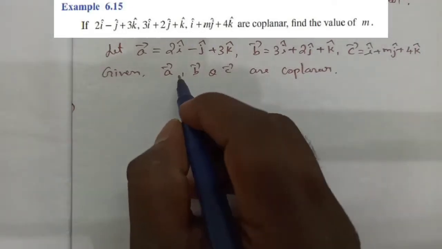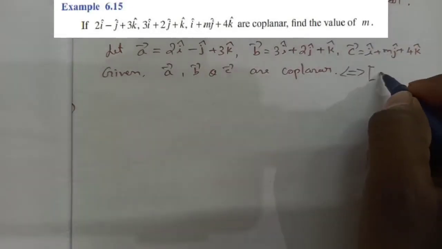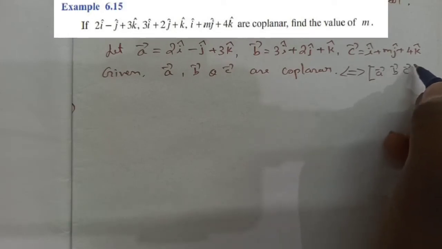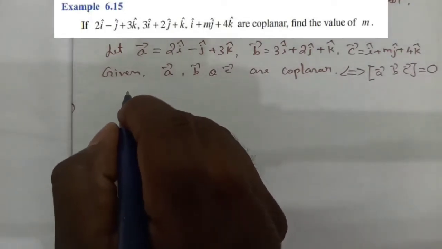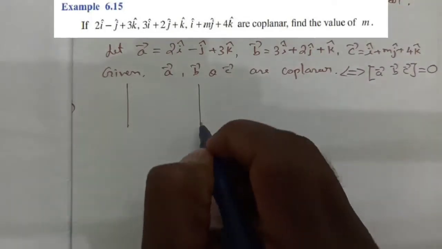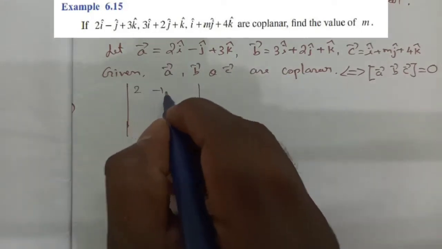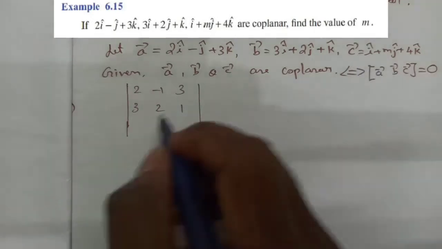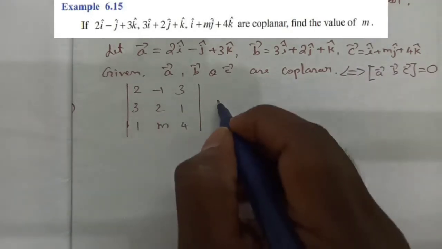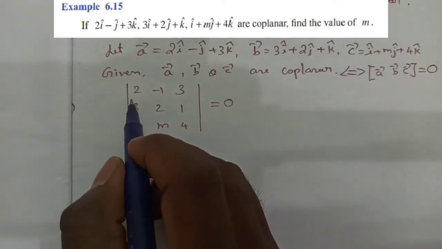We know that a, b, c are coplanar, which means the box product of a vector, b vector, c vector is equal to 0. The box product is nothing but the determinant values. The first row 2, minus 1, 3, second row 3, 2, 1, third row 1, m, 4 equal to 0. Okay, so let me expand this.